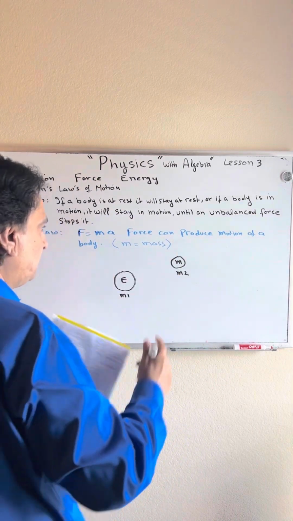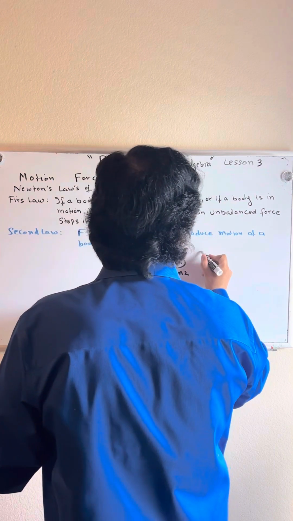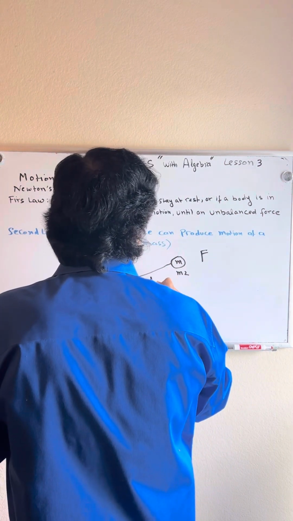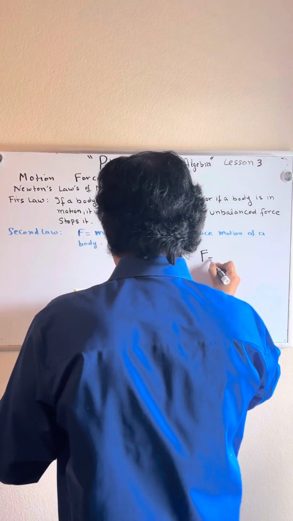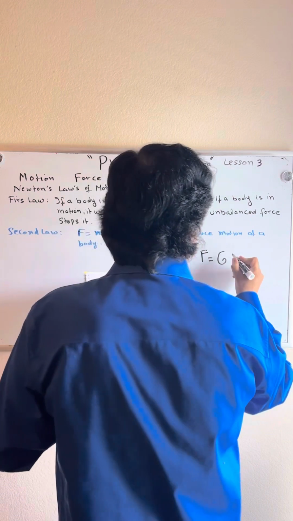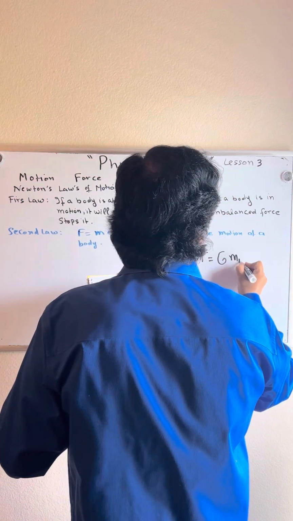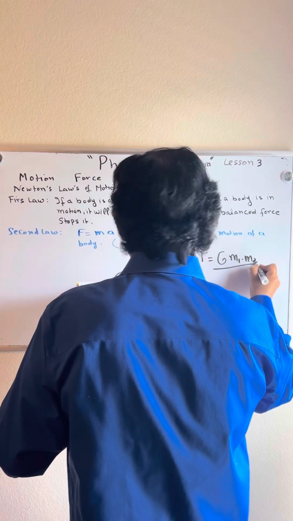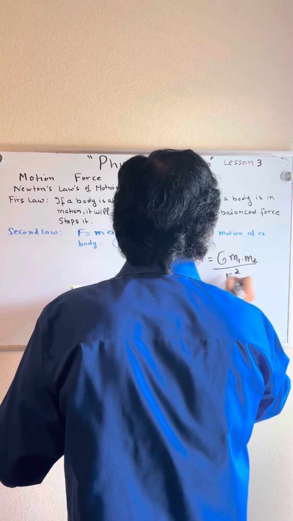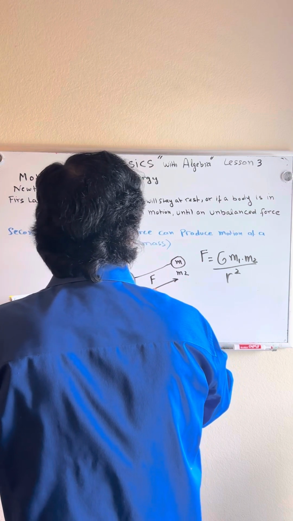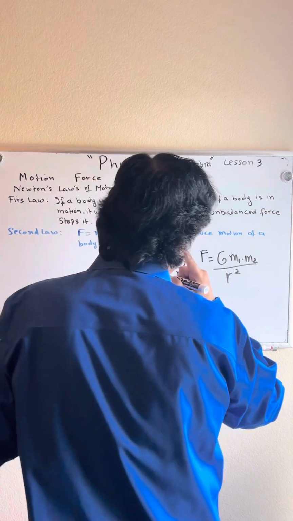And the formula we have is that the force between earth and moon depends on G, which is the gravitational pull, m1 mass of earth multiplied by m2, okay, over r square, okay? R is the distance between moon and earth, okay?